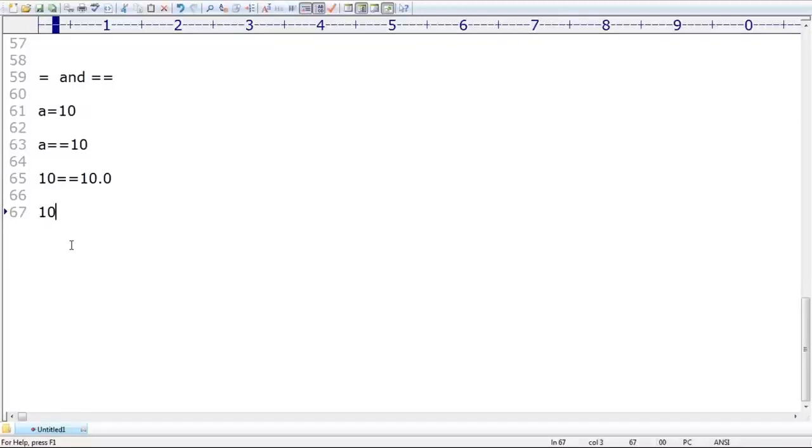Next, one question is being asked: is 10.10 double equal to 10.1 or not? What answer can you tell? Last one, I won't spend much time.